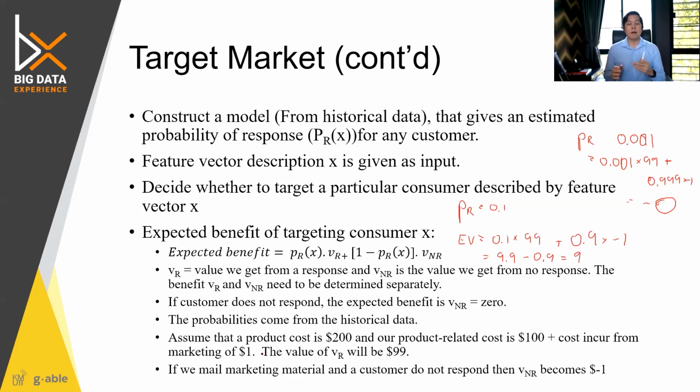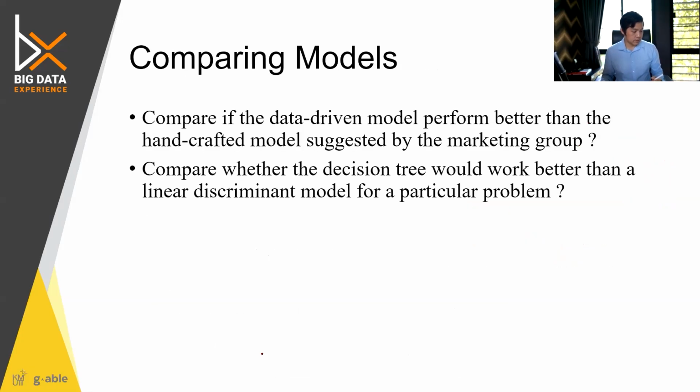So instead of looking at probability alone, by considering expected value, you can use the cost and benefit to determine the chance and to make a decision whether to target the customer or not, right?